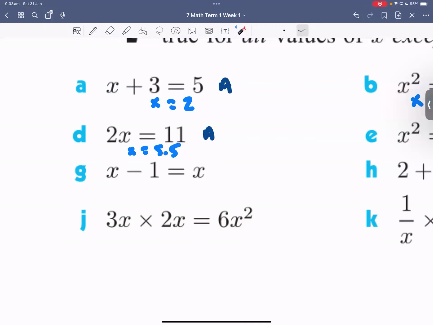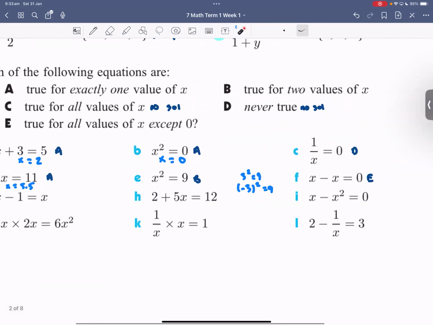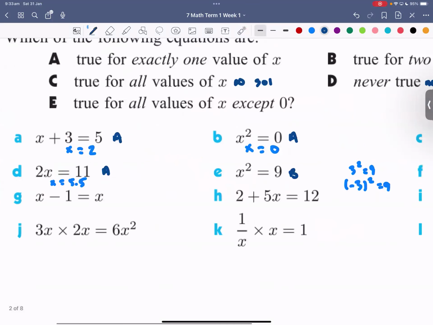How can I take one thing away from you and tell you that you have the same number? Is that possible? No, that is not possible. X take 1 equals x has no answers. So no solutions. So the answer is D. It is never true. All right. It is never, ever true. X take 1 can never be x because that's so silly.